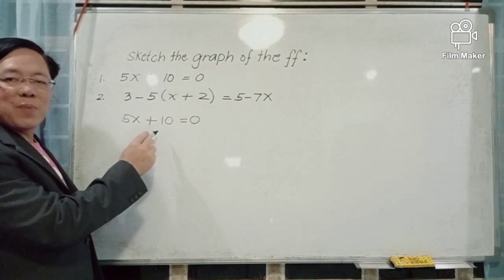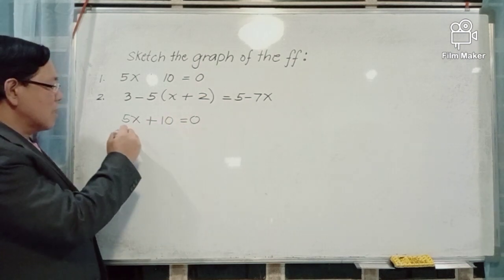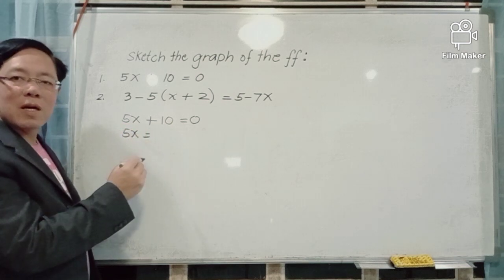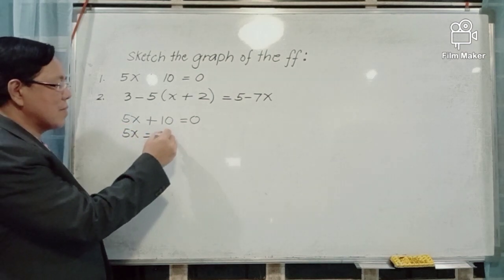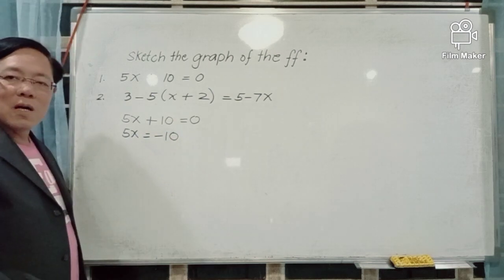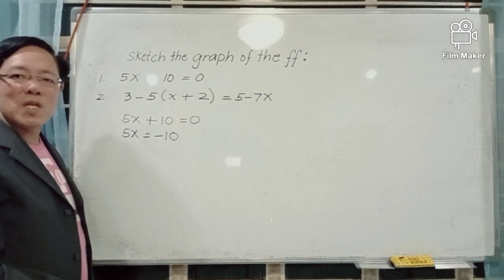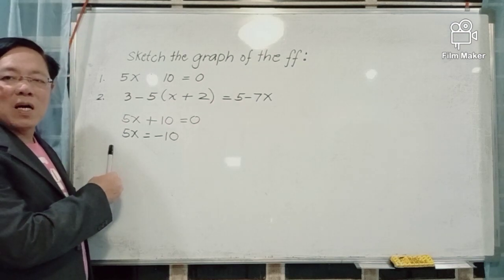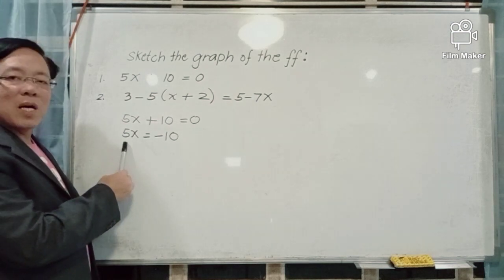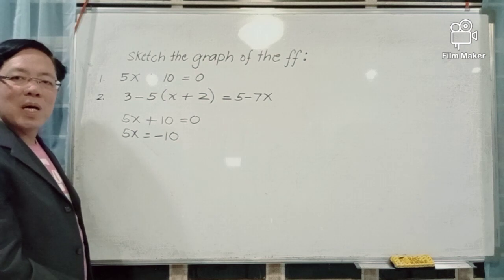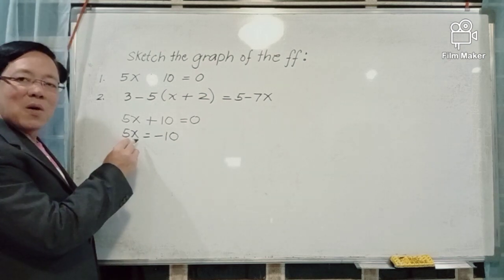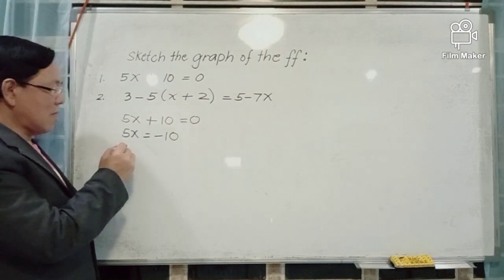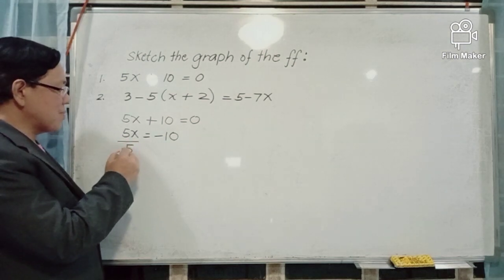Thus, we transpose positive 10 to the right, and we take the opposite sign of 10, we get negative 10. The coefficient of x in the solution must be 1. But here the coefficient of x is 5. Hence, we have to divide both sides of this equation by 5 to make the coefficient of x 1 at the left hand side. We divide both sides by 5.